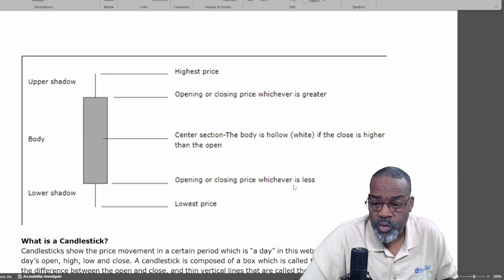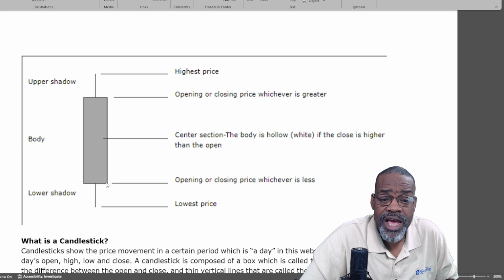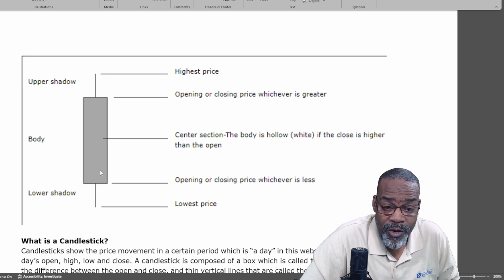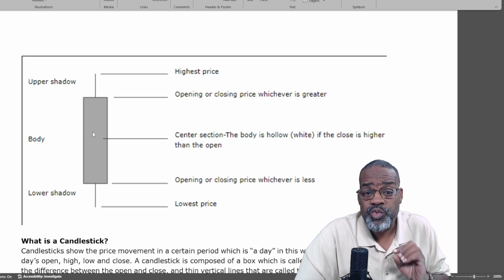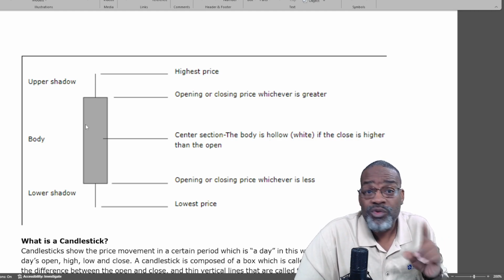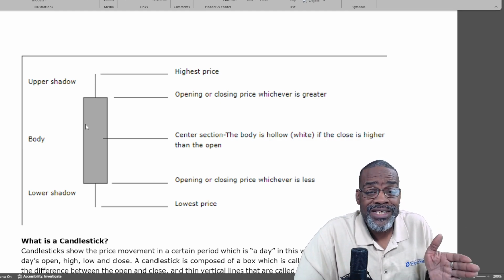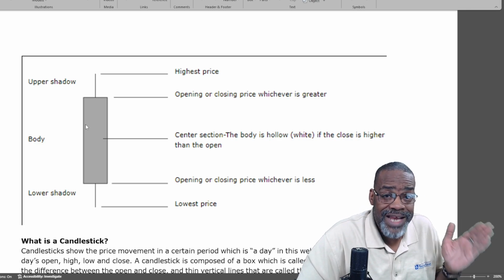Opening or closing, whichever is less, this is where the stock price started. In this case, because it looks like a closed candle, the price started here, we pulled the shade down and the price finished down here. Most likely this will be a red candle depending on its price action from the previous day's candle.